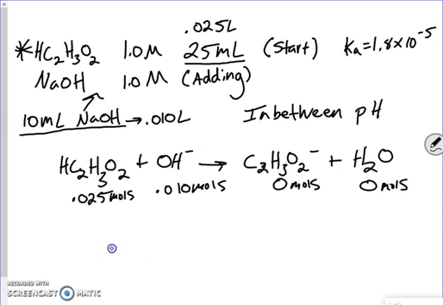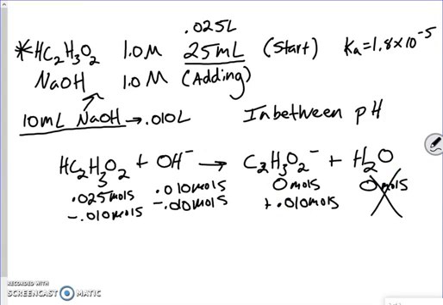So from here, we recognize it's a stoichiometry problem. We're given two starting values. Notice here, this is the smallest, so it is the one we're going to subtract, or add onto this side. And of course, we really don't care about water, just like we never do.